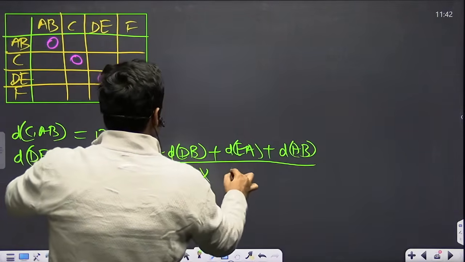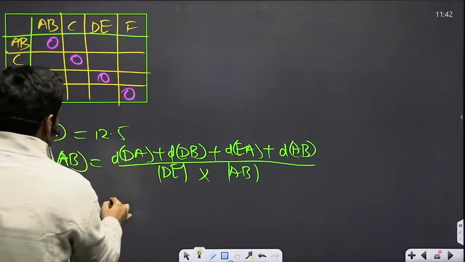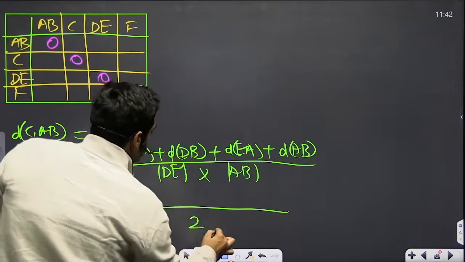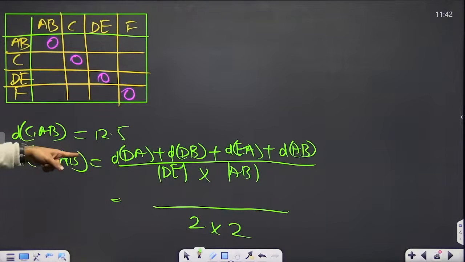We have 2 elements in DE, and 2 elements in AB. So 2 into 2. Now the distances of DA, DB, EA, EB.